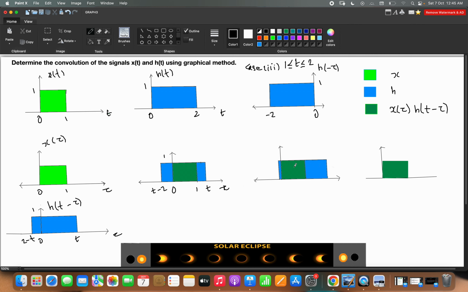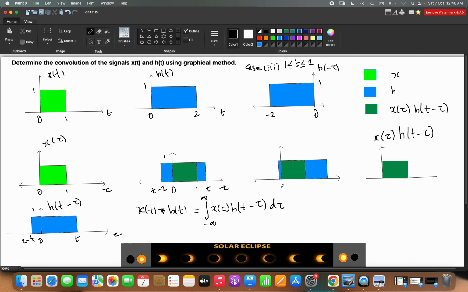So here you can see the dark green color denotes the overlapping region, and you can consider this overlapping region as x of tau into h of t minus tau, and we know the formula x of t convolution h of t equals the integral from minus infinity to plus infinity of x of tau h of t minus tau d tau.